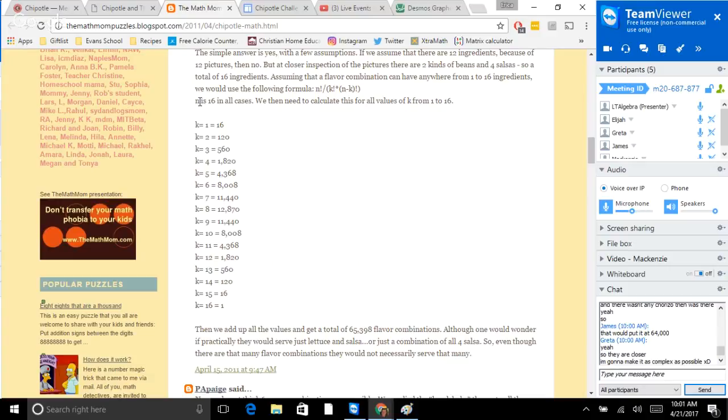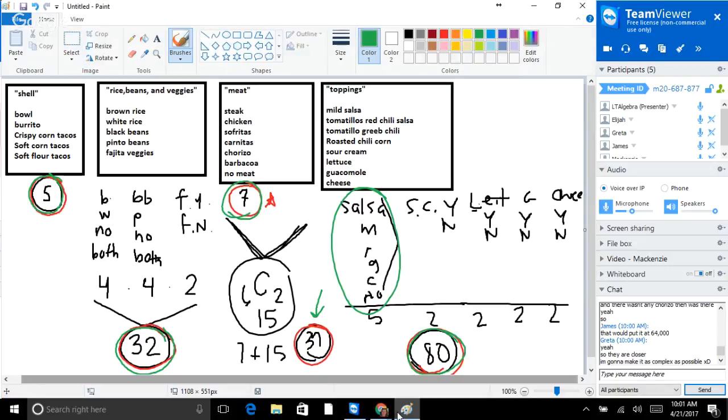I think there's more ingredients if you count them up. But they said they're going to count just ordering cheese as a possible combination. Let's count up how many we had: 1, 2, 3, 4, 5, 10, 16. We have 24. So it's a little bit different from when they did the problem.